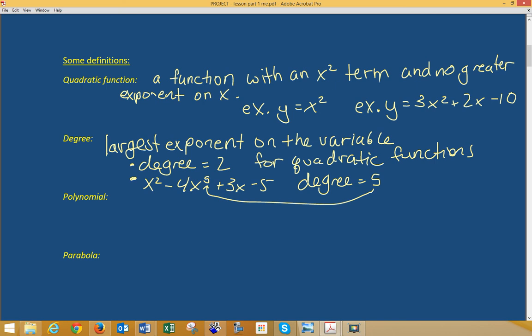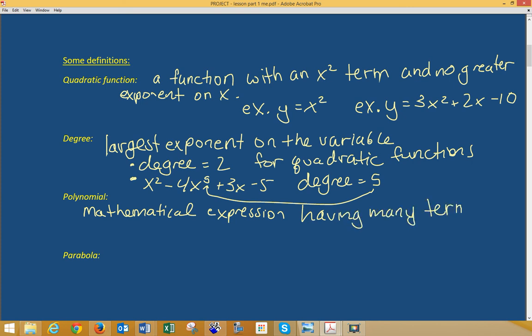Okay, polynomial. This is a mathematical expression having many terms. It can have constants, so that's just a plain number, variables, such as x, or exponents on those variables.